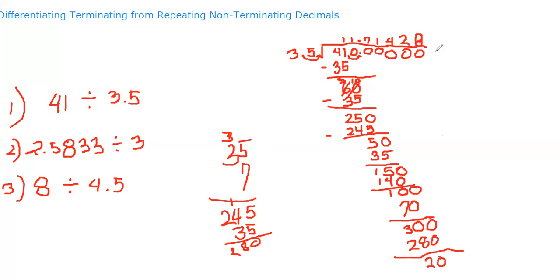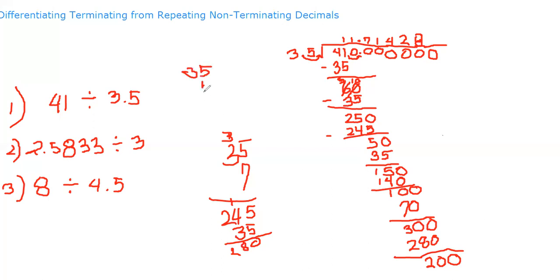Then, we add 0 here. We add 0 again here. So, 200. May 200 na ba tayo dito? Wala pa. 200 divided by 35. Ilang 35 meron sa 200? 35, 70, 105, 140, 175. 5. 35 times 5.